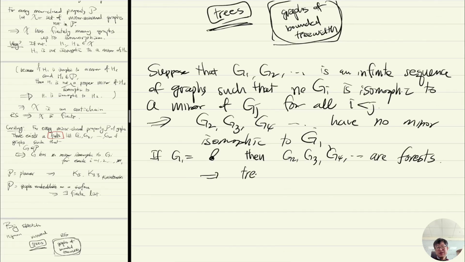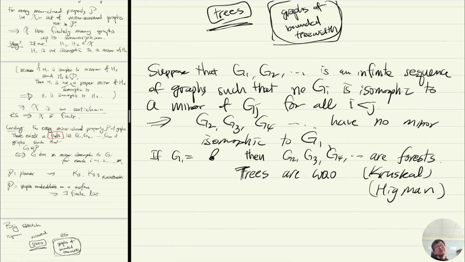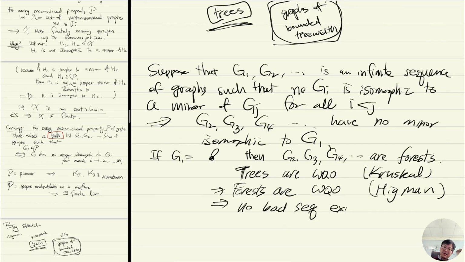And then we know that trees are well-quasi-ordered by Kruskal's theorem. And then if we apply Higman's lemma, then the disjoint union of trees is also well-quasi-ordered. So that means forests are well-quasi-ordered, right? So no bad sequence exists. So this is the simplest case.